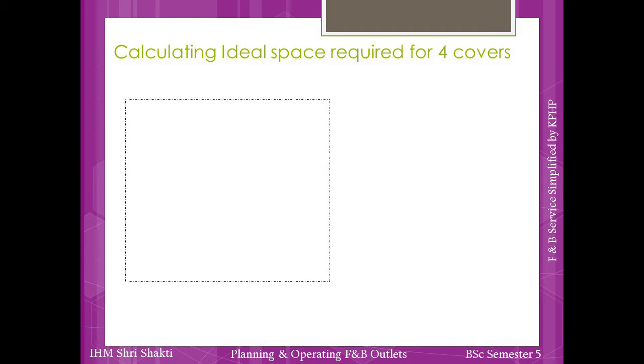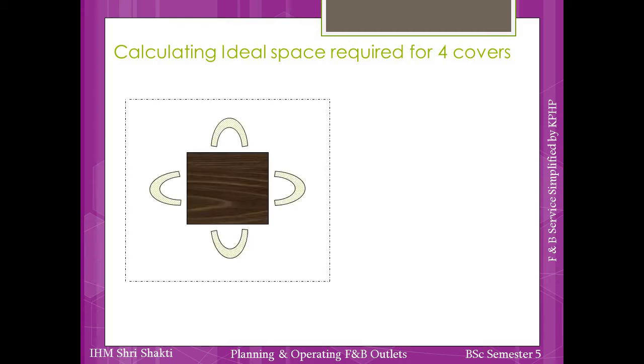Now this dotted square is what we have. This is what we identified as an area in which we are going to set 4 covers, a table for 4. What you see here is a square table and 4 covers around it.